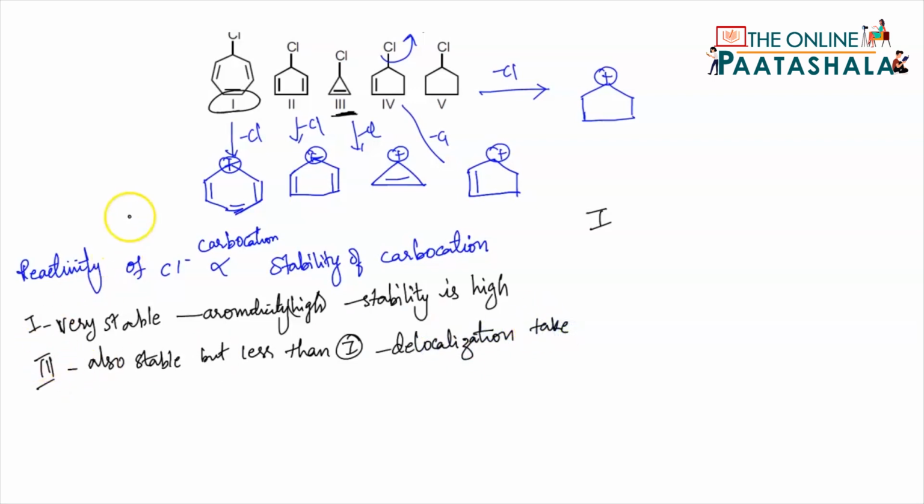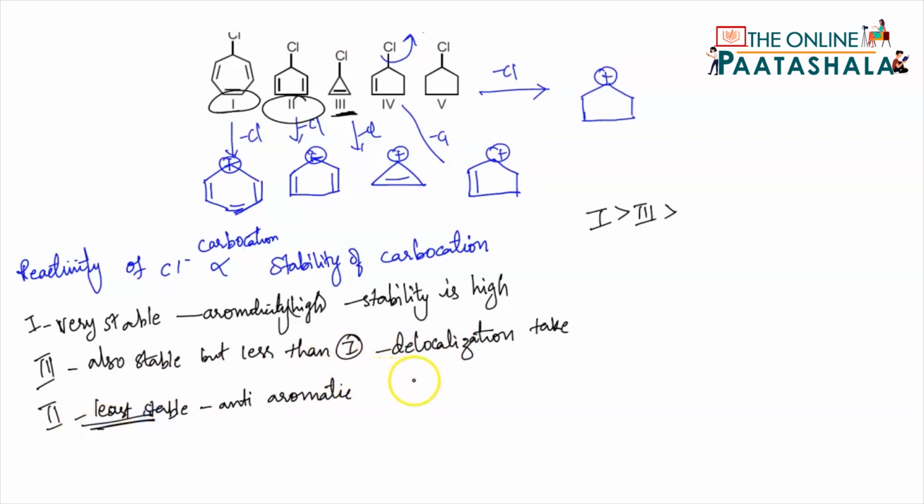That's the reason after the first it goes to the third one. Next, the second carbocation is least stable. Why? Because it is anti-aromatic. That's the reason it's the least stable. Keep this in mind.